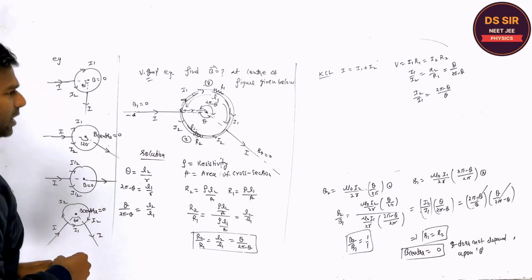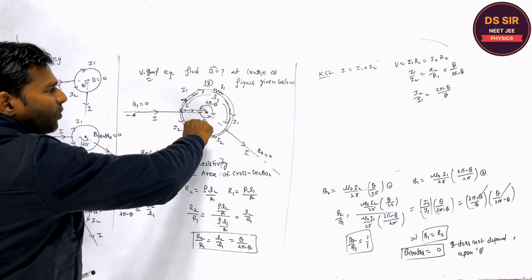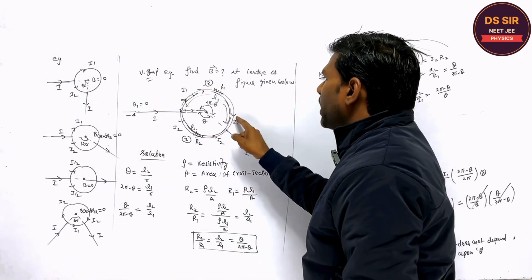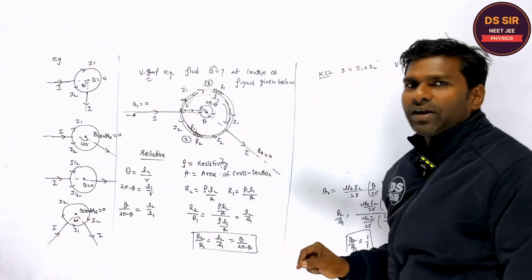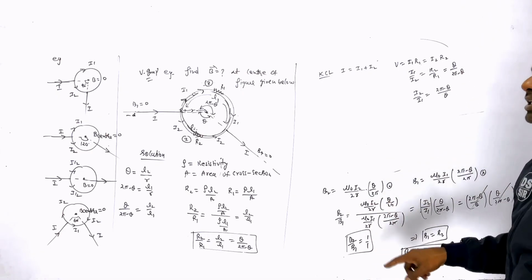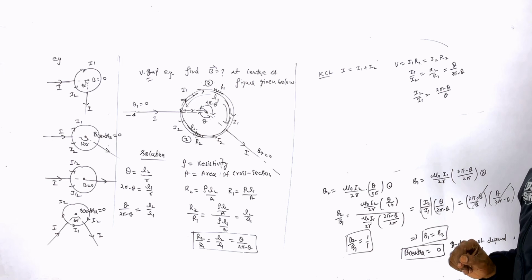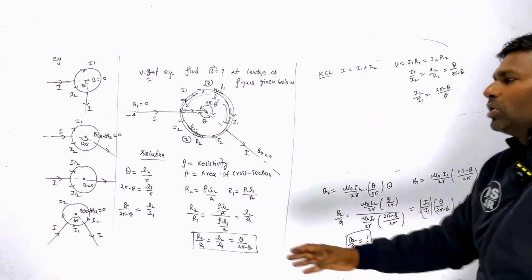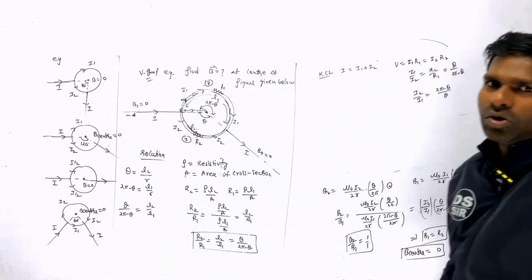So this is a general thing. For every angle of theta, we have found this part's magnetic field and this part's magnetic field are equal and in the opposite direction. So the net magnetic field at the center will be 0. These are a few illustrations, you can copy this.